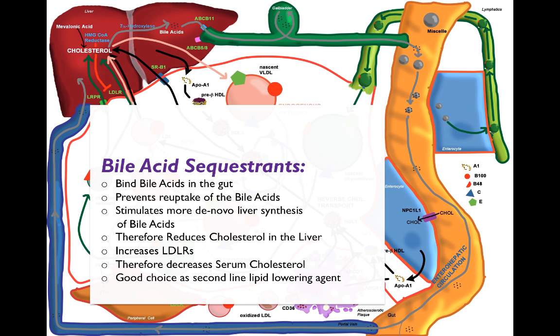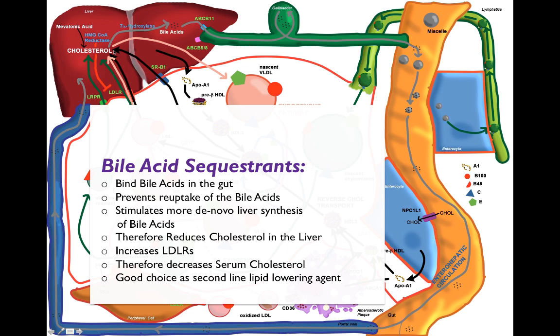So the way a bile acid binder or bile acid resin works is it binds up the bile acids in the gut and forces you to eliminate them. So now your liver, in order to have enough bile acids, is forced to synthesize more of them. And the way it synthesizes bile acids is by using up cholesterol.